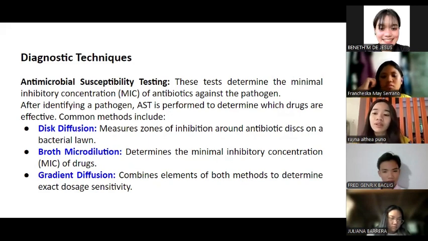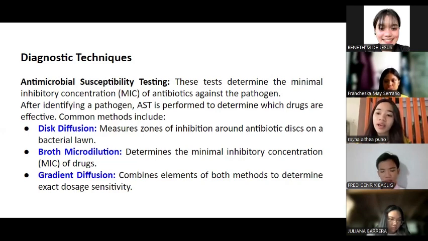Broth microdilution involves mixing different concentrations of antibiotics in a liquid medium to see at what concentration the bacteria stopped growing. This also determines the lowest effective dose or the MIC for treatment. And gradient diffusion is similar to disc diffusion, but it uses strips that create gradients of antibiotic concentration.